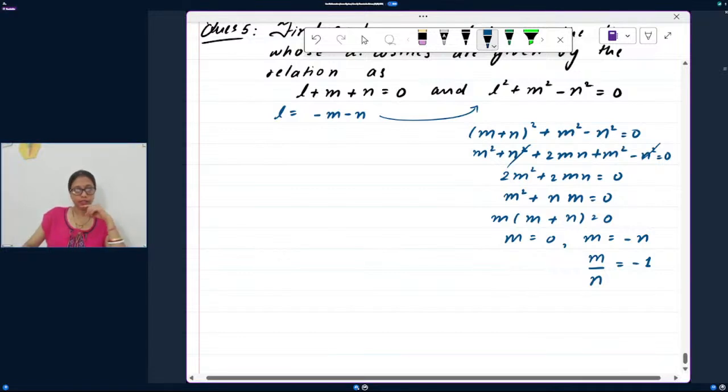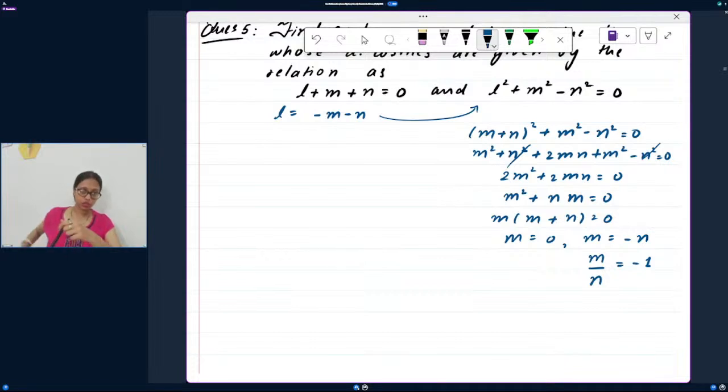But over here, if m is 0, see, these calculations are not for just simple numbers, but these kinds of representations are possible when I'm dealing with direction cosines and direction ratios. What I'm talking about here is 0.